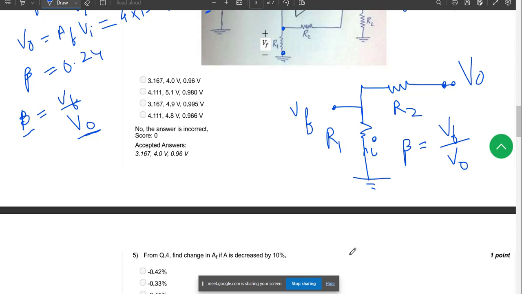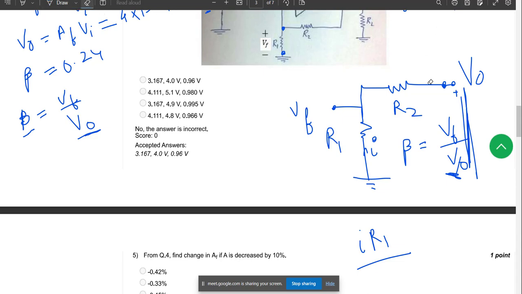So VF can be written as I into R, whereas this VO is the loop voltage drop, and we are taking the voltage drop from ground, right?